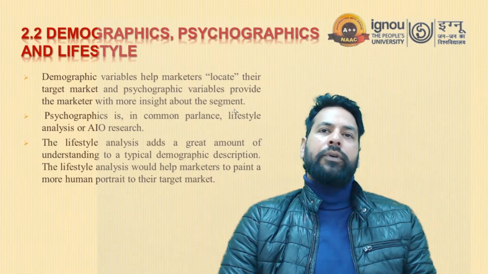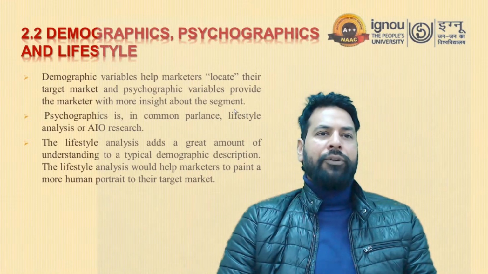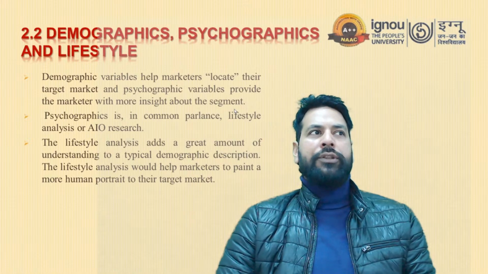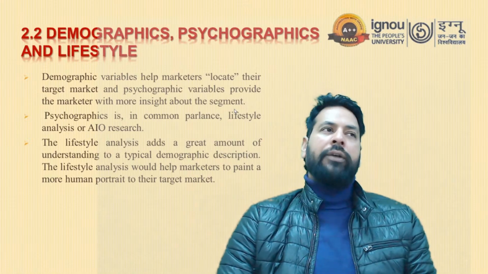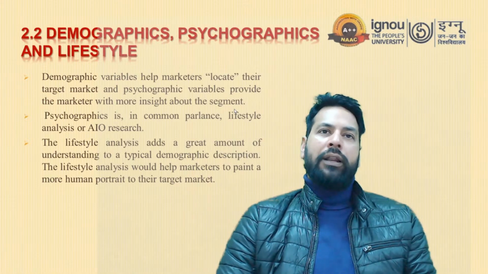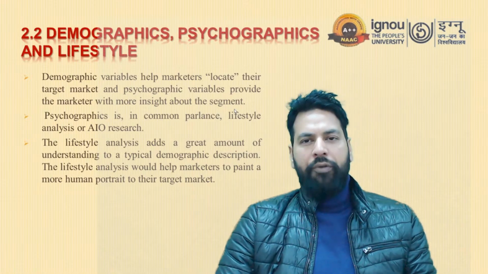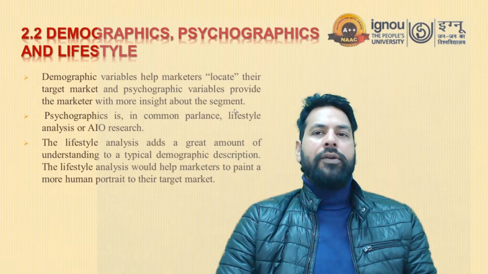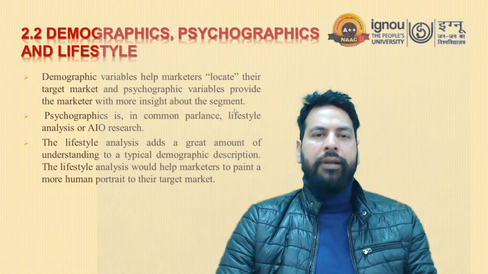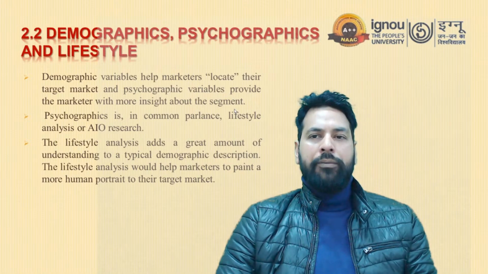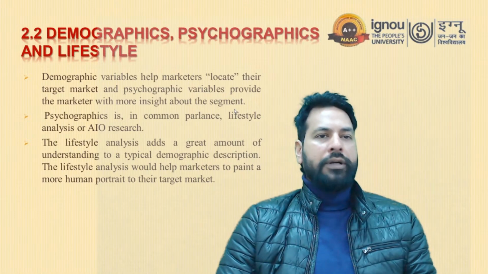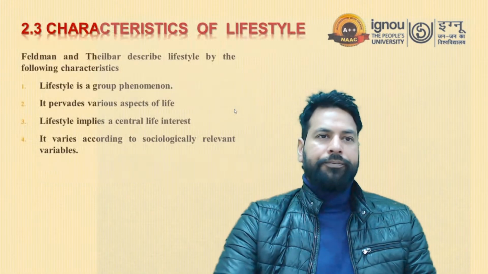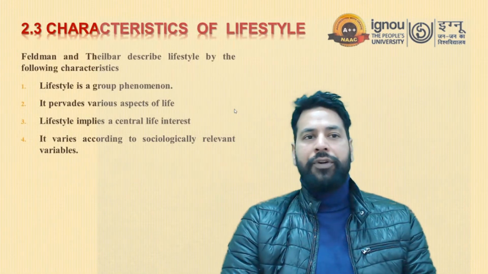So on the basis of this mindset, the education, the thinking process, and the way I lead my day-to-day life, these become important factors for a marketeer to understand and unearth, so that those segments can be targeted according to the product and services. I hope this is clear. We'll move on. Characteristics of lifestyle, we understood.